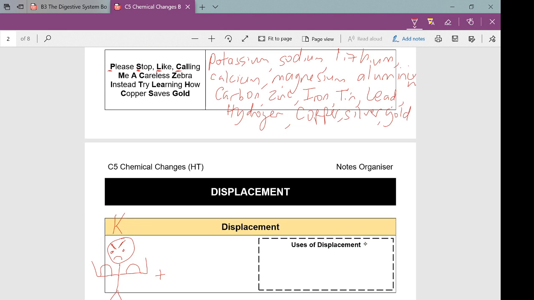He comes across copper. And copper is bonded to, let's say a sulfate. This is copper and this is sulfate, SO4. So copper is bonded to sulfate, and what's going to end up happening is that potassium is going to kick copper out of that reaction.